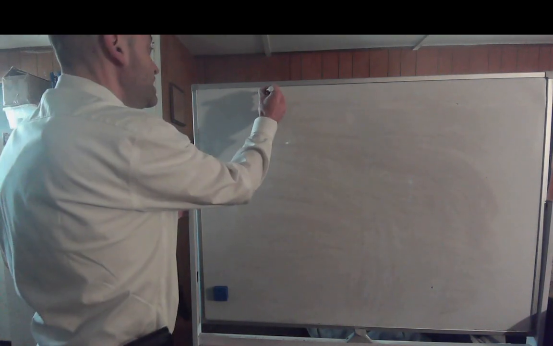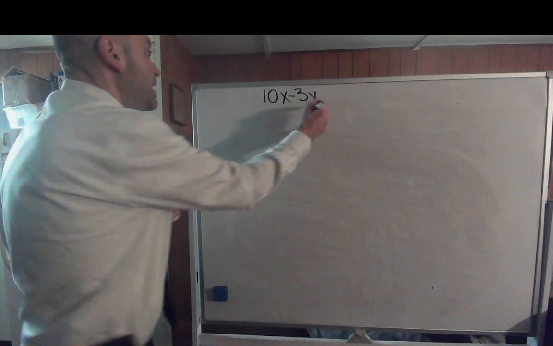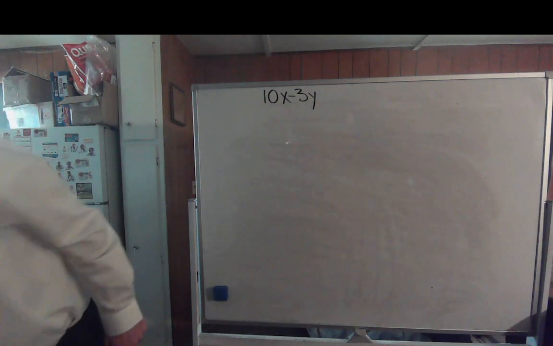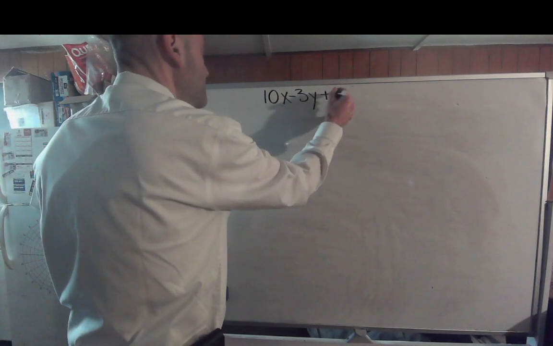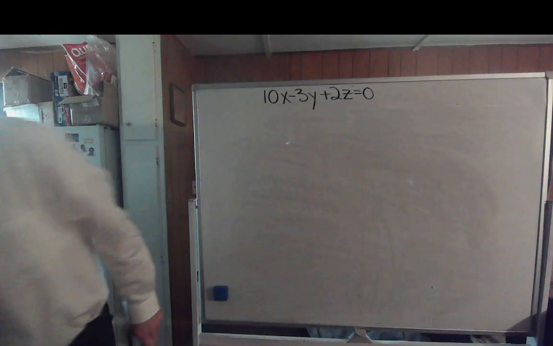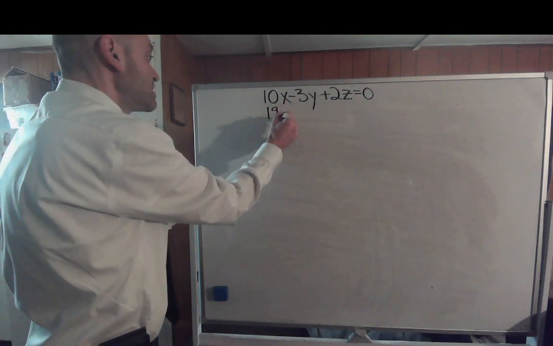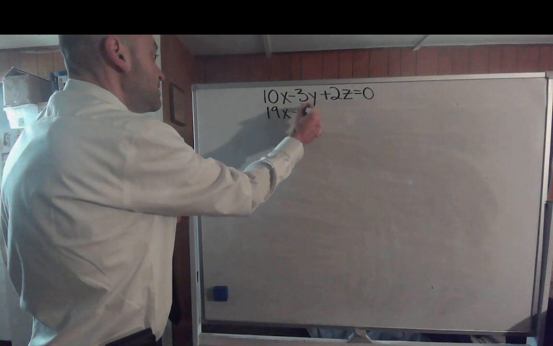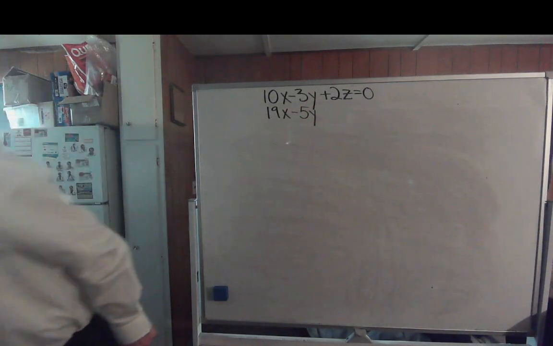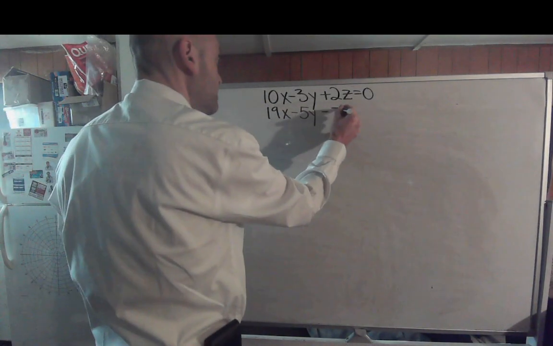So we have 10x minus 3y plus 2z equals 0. And then we have 19x minus 5y minus z equals 0.